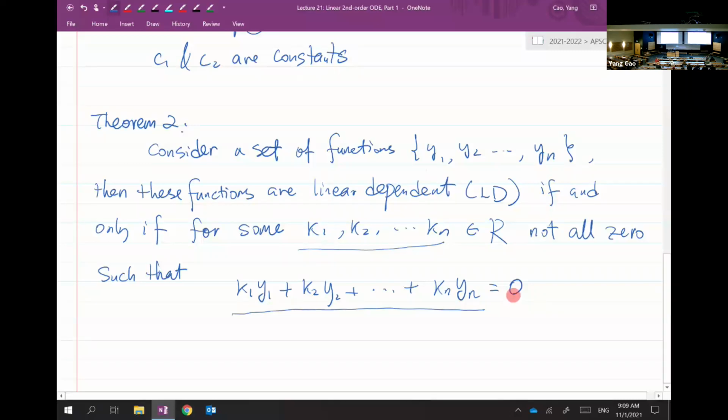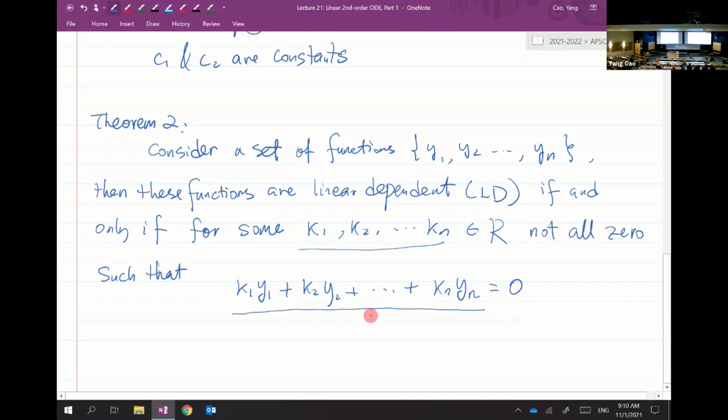Theorem 2 says you want this whole expression to be 0. If k1 equals k2 equals kn equals 0, the expression is naturally equal to 0, right? But there can be a situation where not all of them are 0, some of them are not 0, and the expression can still be 0. That's what theorem 2 says.